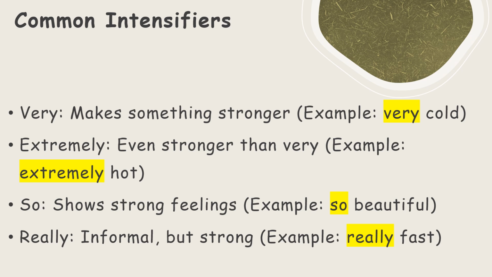For example, really fast. I write really fast. I read really fast. I walk really fast. So really is an informal word, but you use it while you speak. So these are the common intensifiers: very, extremely, so, and really.